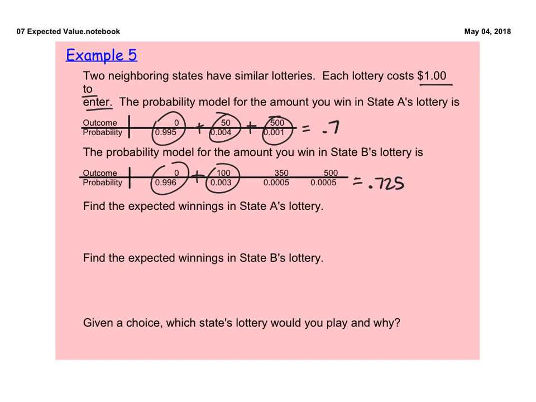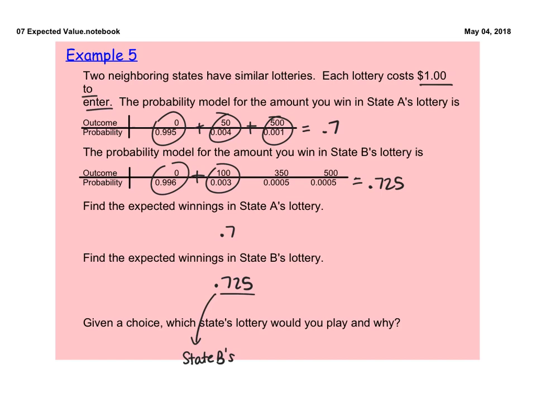So I guess I could have done my work down here. So this is this, and this is that. Given a choice, which state's lottery would you play and why? I'm hoping you'd say you'd play state B's lottery, because they have a higher expected value, even though it's just such a small amount.